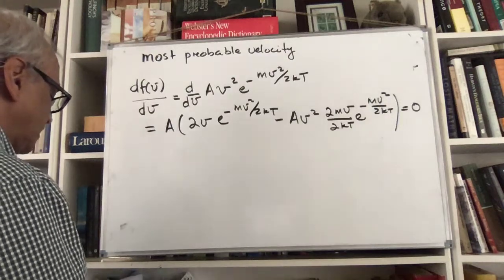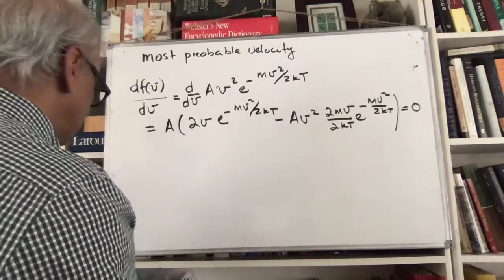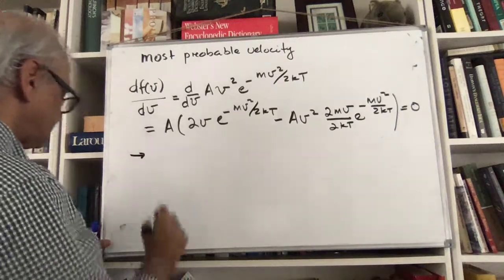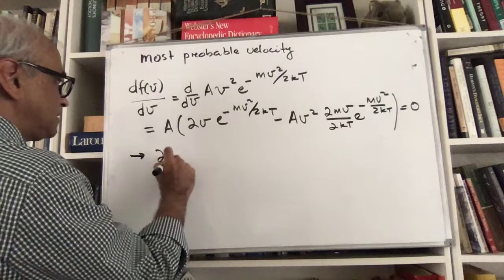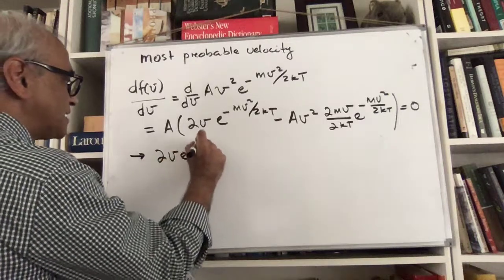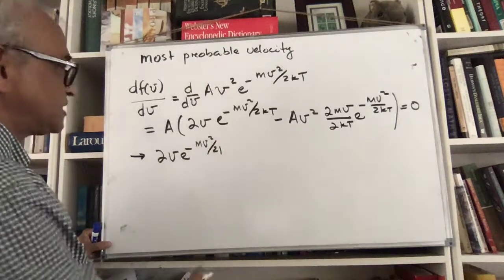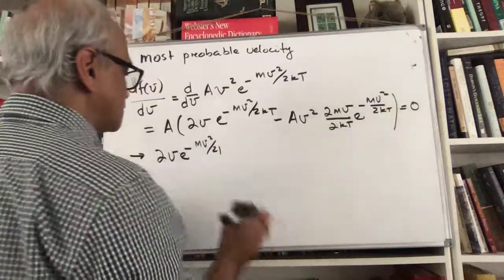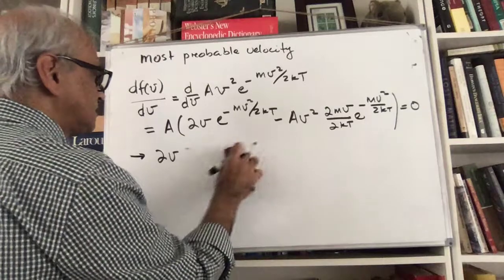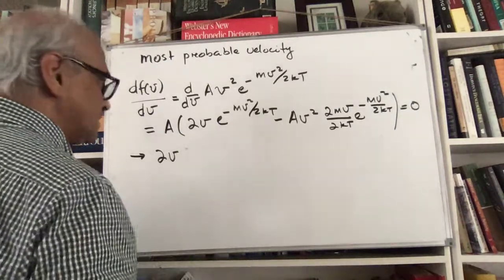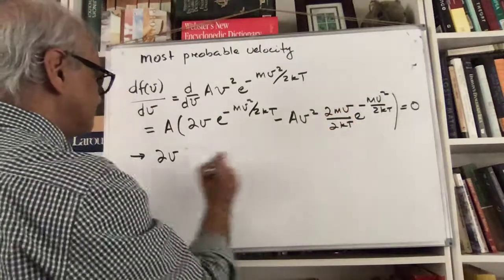I can start looking at this equal to that, right? So let me just write this out. So I have 2V e to the power minus mV square over 2kT. Actually, I really don't need it. You can see that that one also gets cancelled. So I have simply, this is V cube.